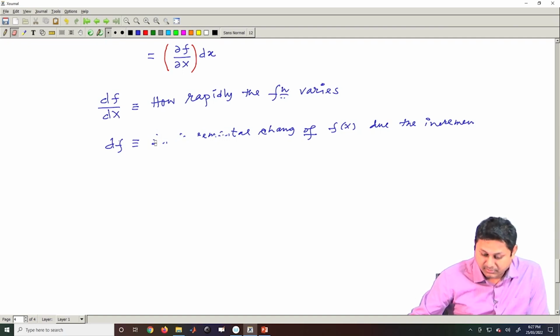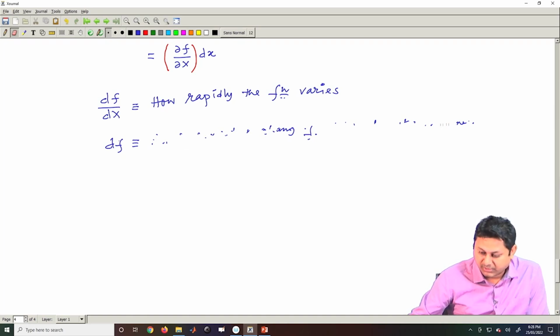So, let me erase this and rewrite, because I do not know whether the function will change incrementally; the rate is going to tell me whether this function will change incrementally or not.